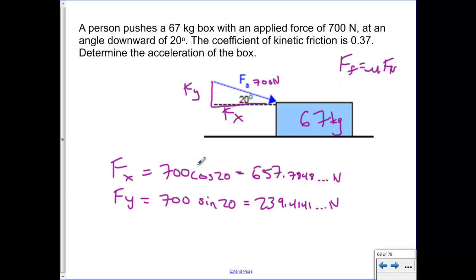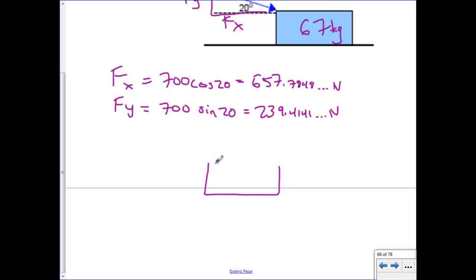Oh, so the Fy. Okay, let me draw a diagram here of all the forces acting on this box now. Okay, here's some of the forces acting on the box. For one, there's gravity pulling down. But there's also normal force pushing up. So far, so good? Okay. Well, you're pushing the box.